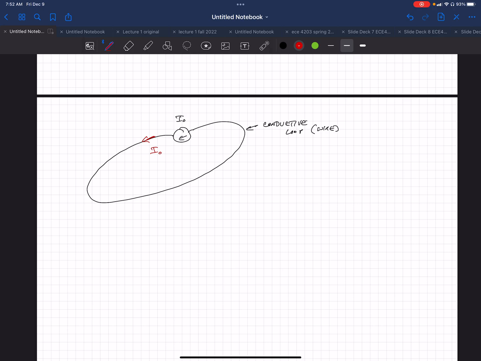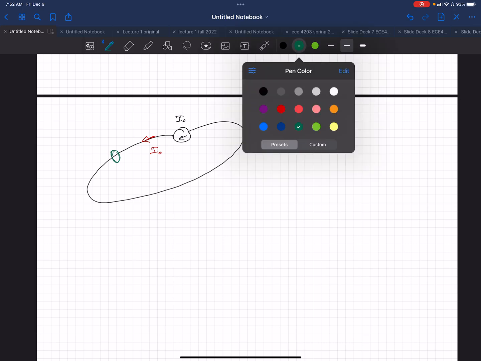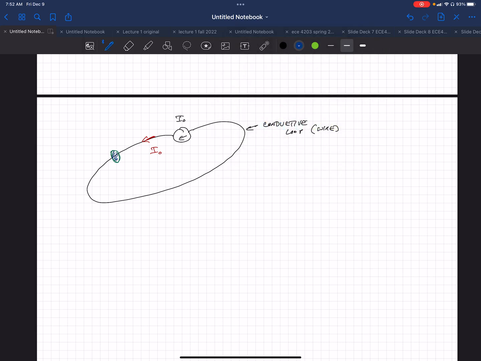And let's say we define a loop around this, sort of a lasso, to try to figure out the magnetic aspects of what this current is doing. Let's say we just look at the surface enclosed by the loop. Let's call that the S1 surface.